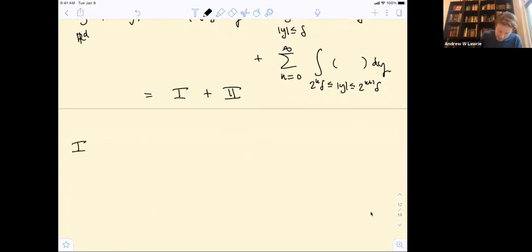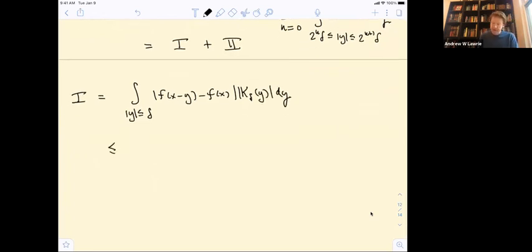All right, so 1 equals the integral over y less than or equal to delta of f of x minus y minus f of x, k delta of y, dy. I'm just going to use the bound for k we have near the origin. This is less than or equal to a constant times delta to the minus d, constant over delta to the d.